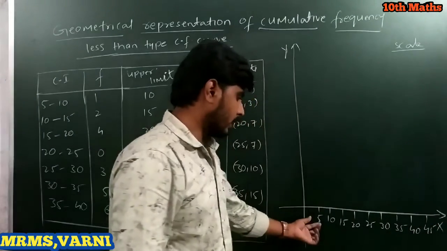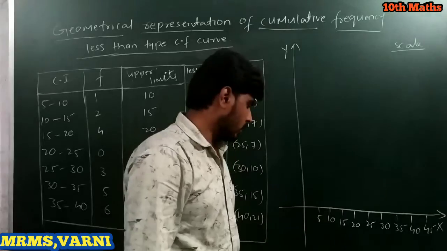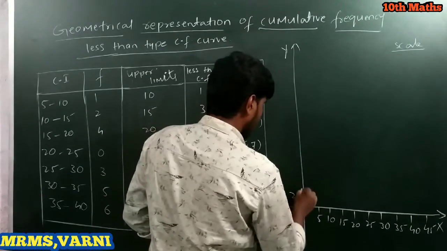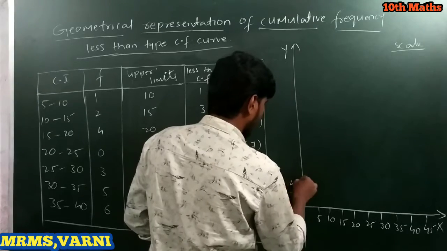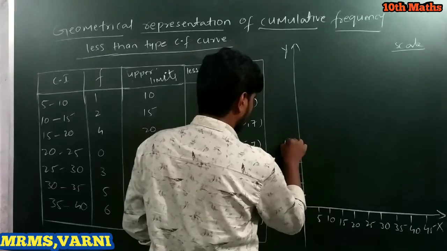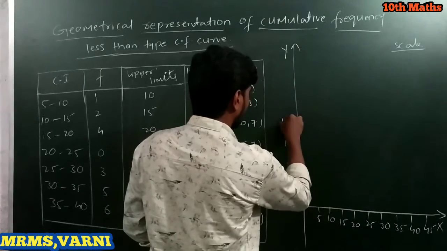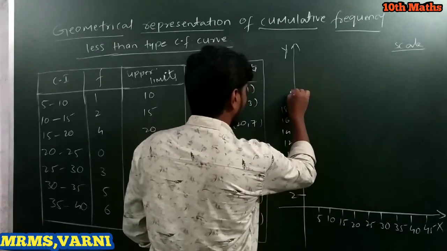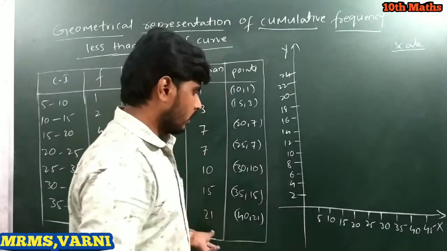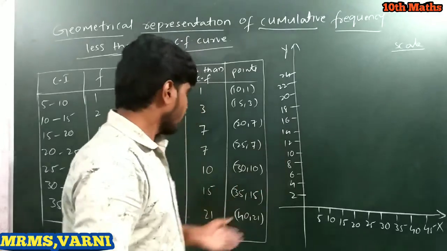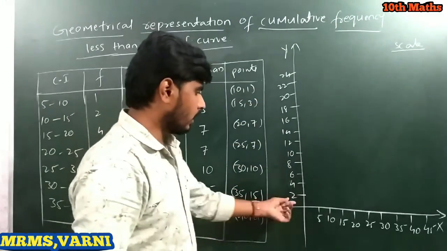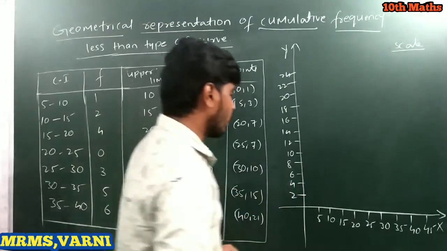Each centimeter we take as 5 units. On the y-axis take each centimeter as 2 units: 2, 4, 6, 8, 10, 12, 14, 16, 18, 20, 22, 24. This depends upon our cumulative frequency. That's why I am taking each centimeter as 2 units.